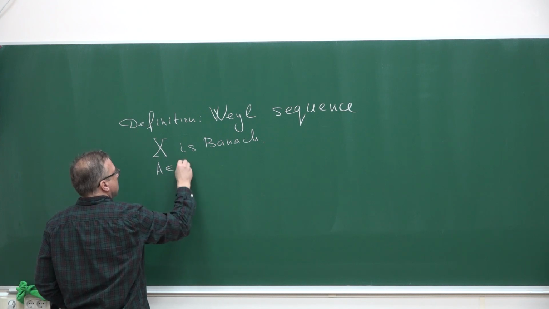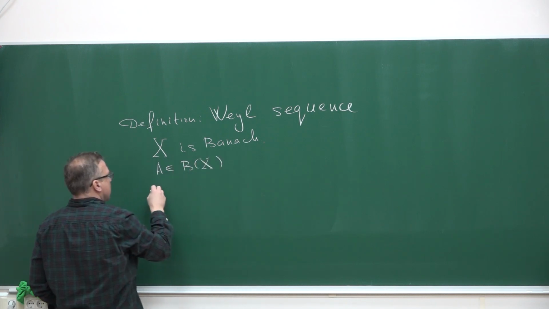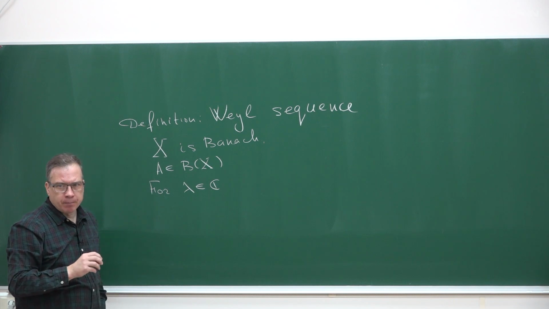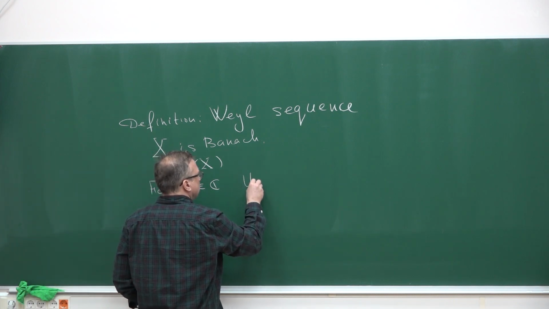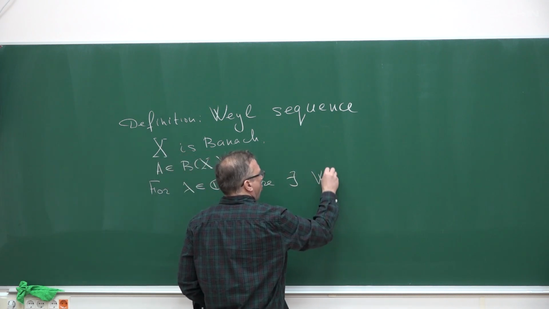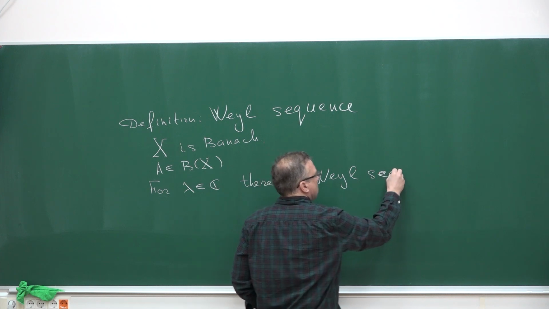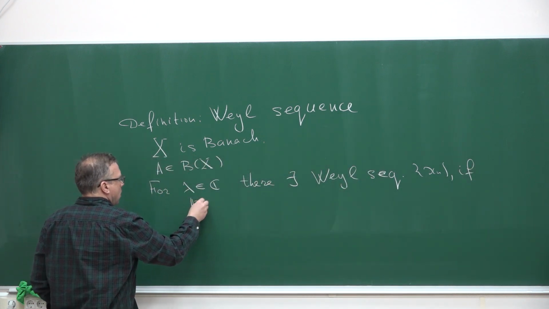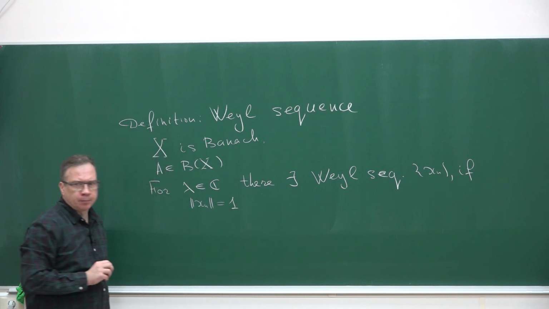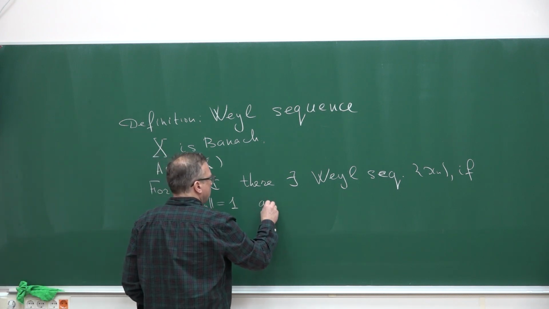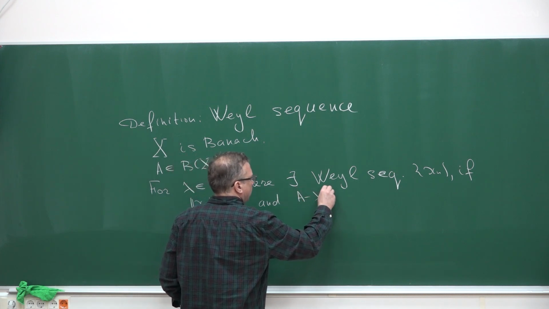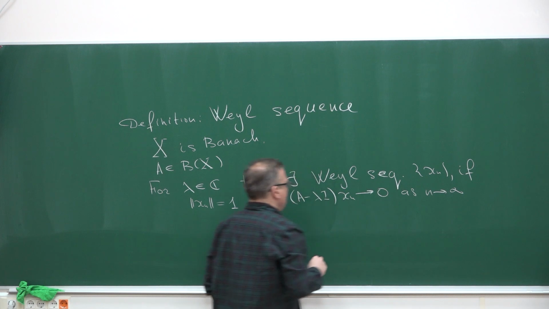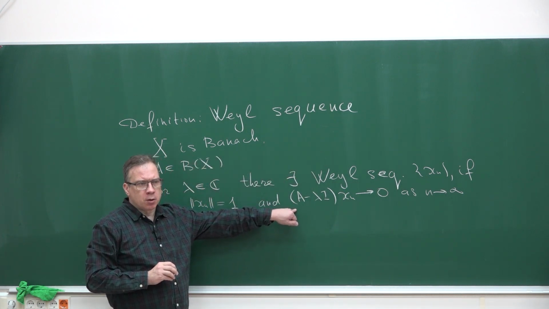We have a bounded operator in this space, and we say that for a complex number lambda there exists a Weyl sequence xn if the norm of any element from this sequence is 1 and the result of the operator on this sequence tends to 0.